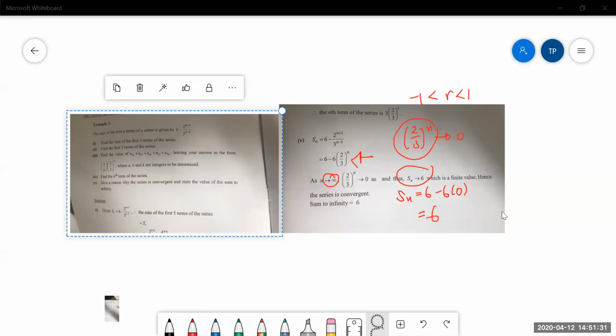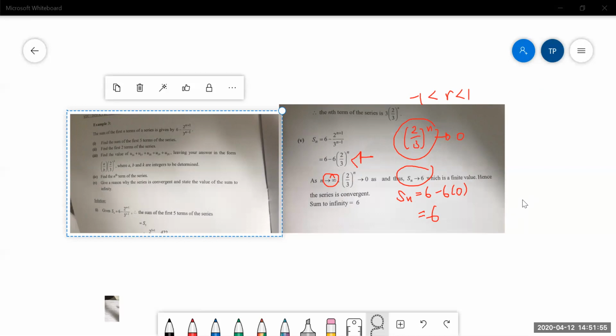So you have to state that as n tends towards infinity, Sn tends towards a value, then you decide whether it's convergent or divergent.